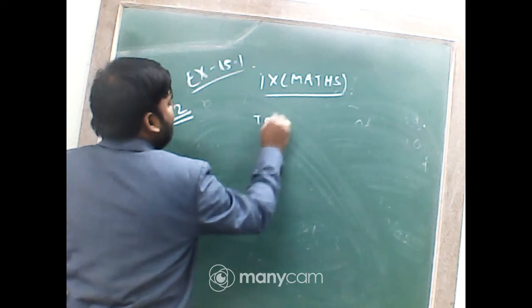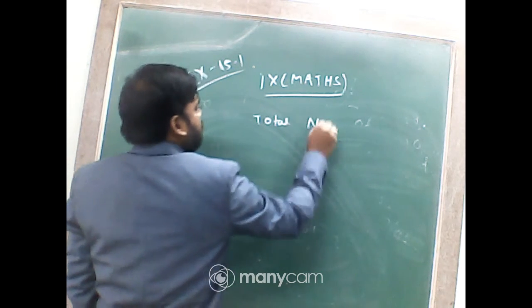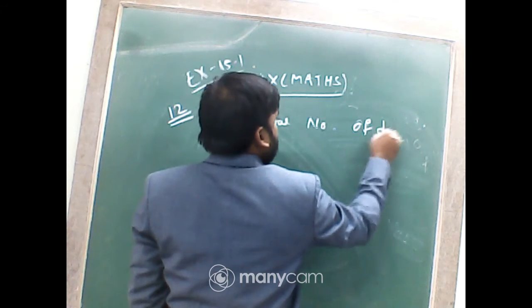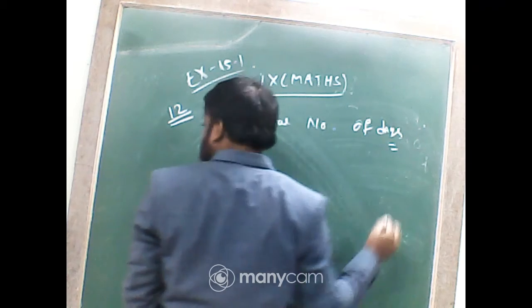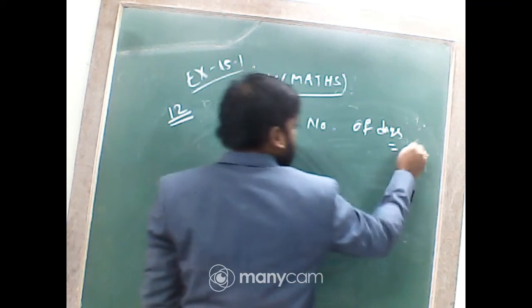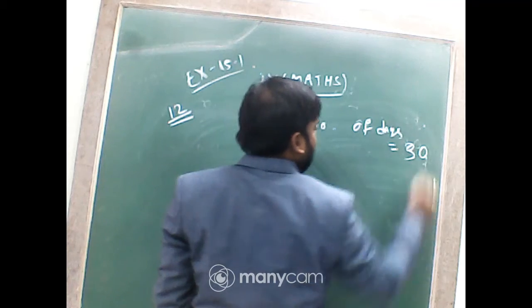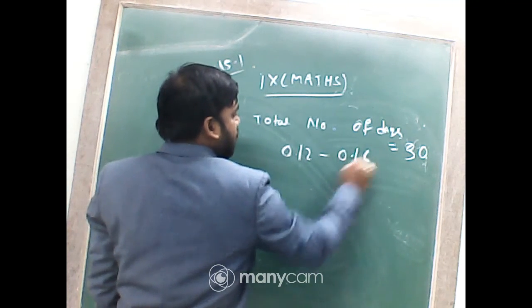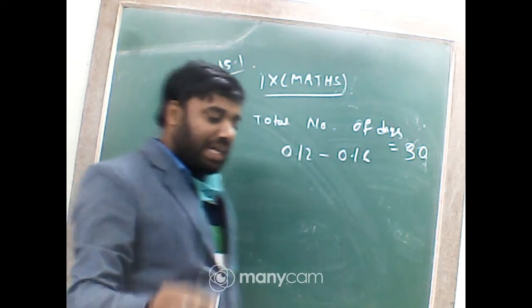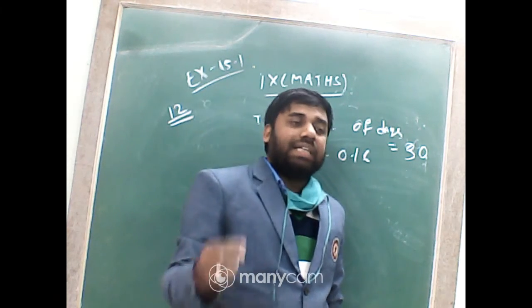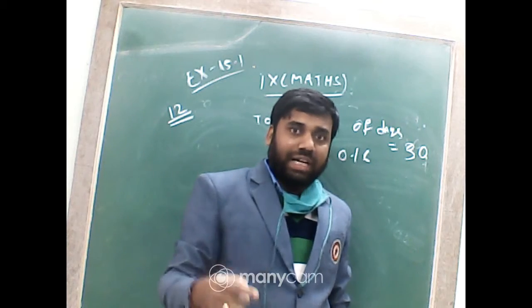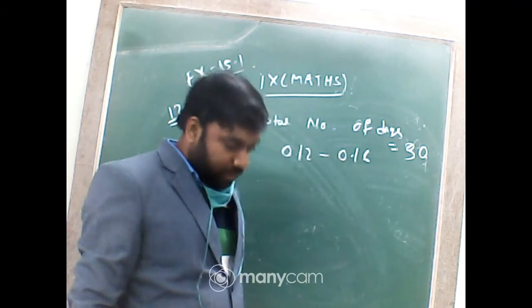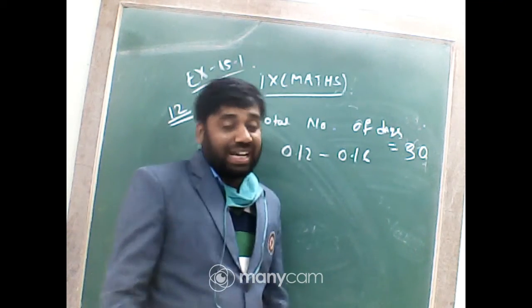So total number of days here, that is 30. Now, how many days is the amount of sulfur dioxide between these two values? Tell me.